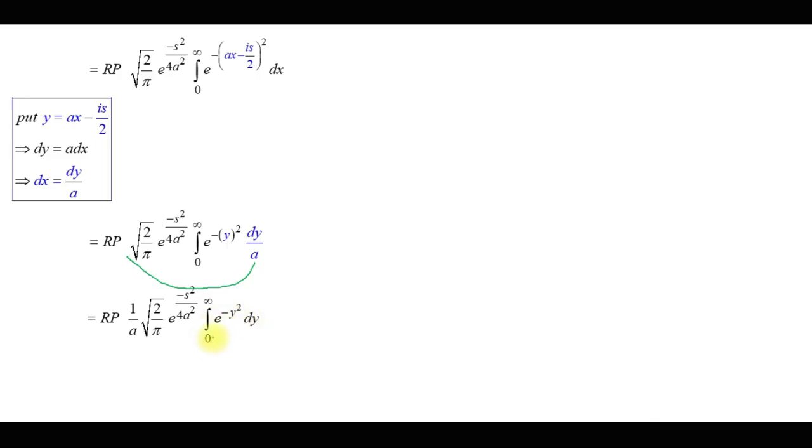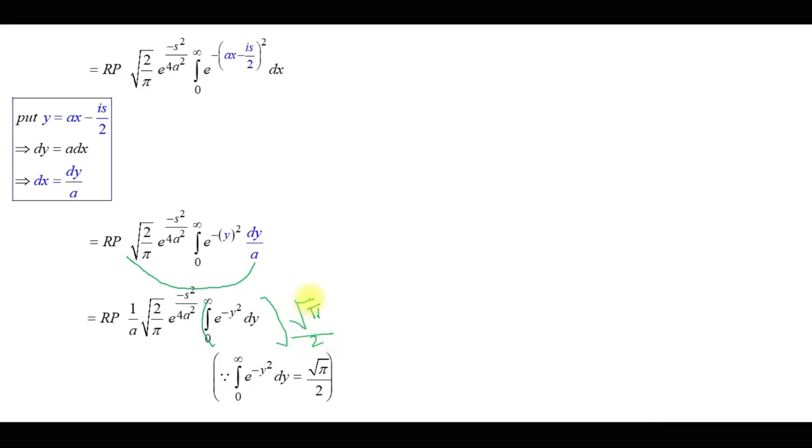But here the limit is 0 to infinity. So minus infinity to plus infinity can be written as 2 times 0 to infinity. Bringing that to the other side, we have the result: integral 0 to infinity e^(minus y squared) dy equals root pi divided by 2. If the limit is minus infinity to plus infinity, the result is root pi. If the limit is 0 to infinity, the result is root pi divided by 2.